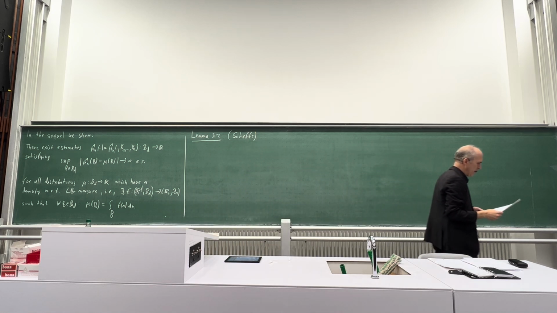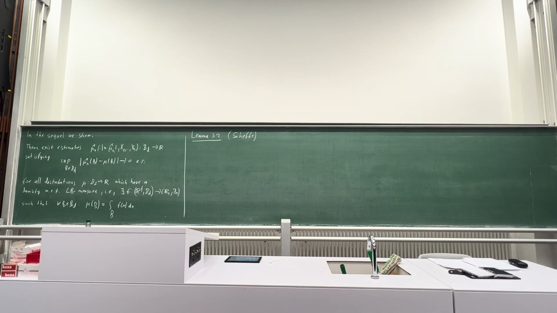Scheffé's lemma says if you have densities f and g on R^d, then the L1 distance between these densities is 2 times the integral of the positive part of f of x minus g of x, equal to 2 times the integral of the positive part of g of x minus f of x, equal to 2 times the total variation distance between f and g.